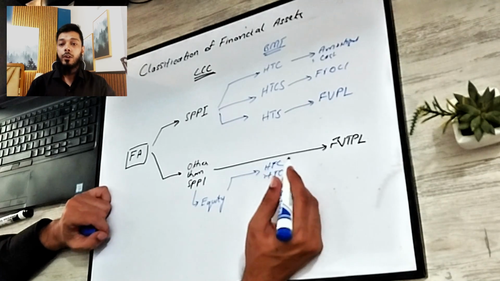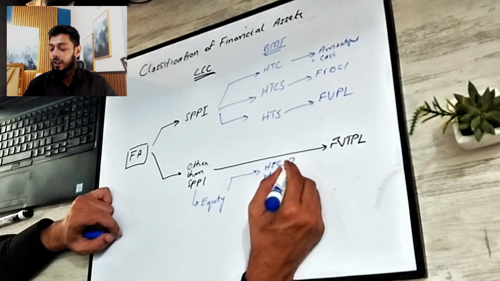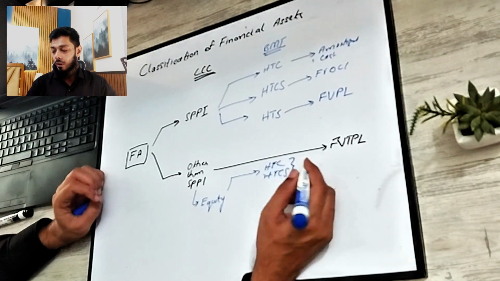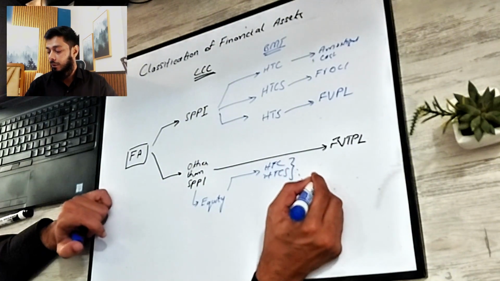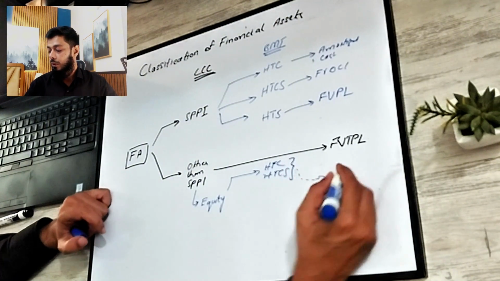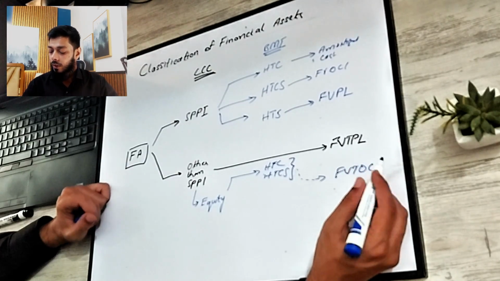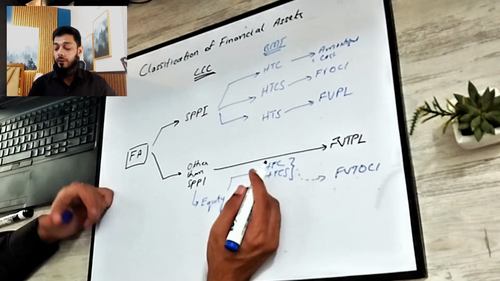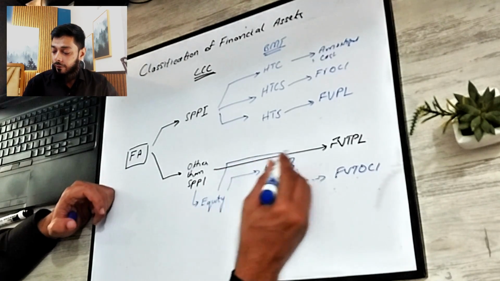And if an equity instrument is held to collect or held to collect and sell, then we have the option to designate it as fair value through OCI. Otherwise, if the equity instruments are held for trading, then it will have to be carried at fair value through profit or loss as well.